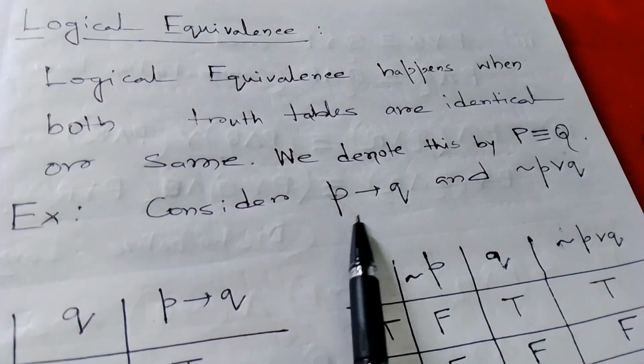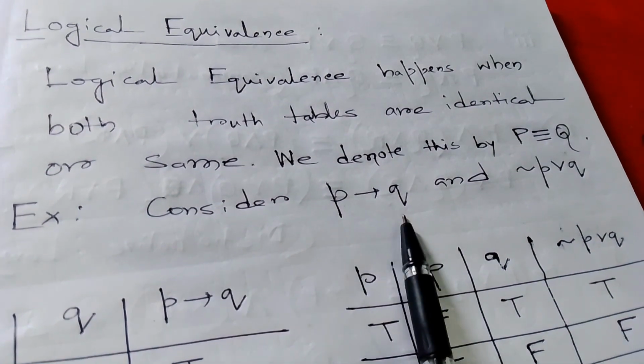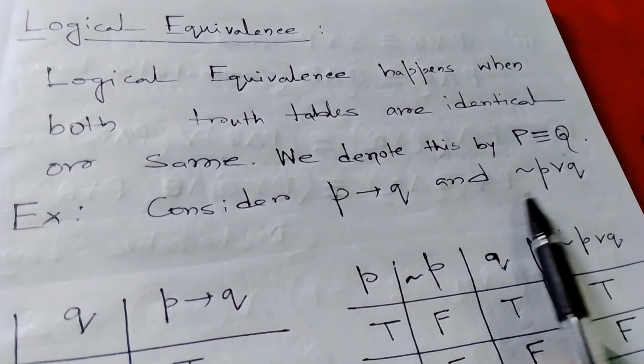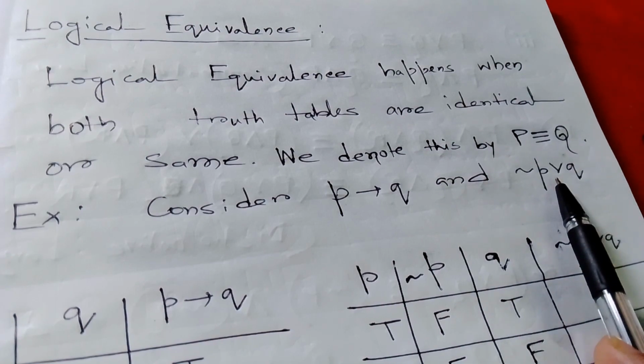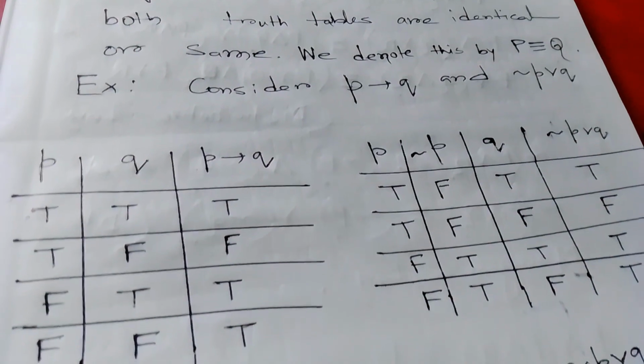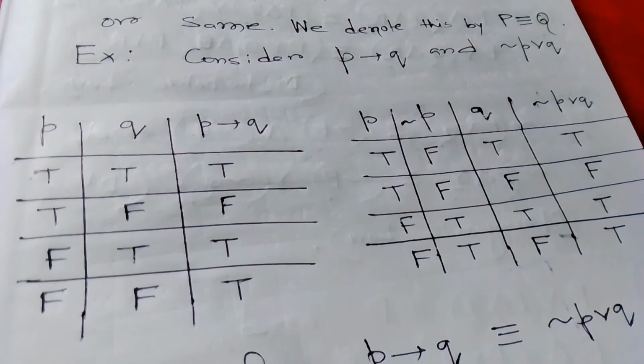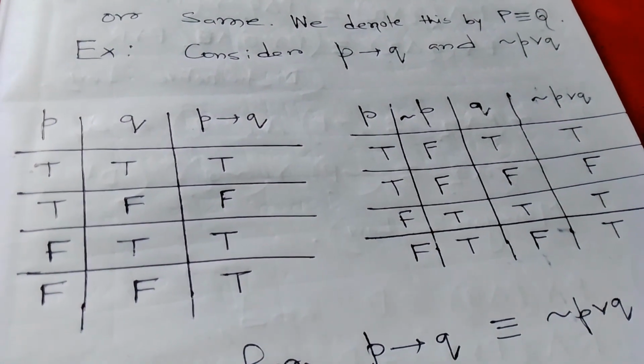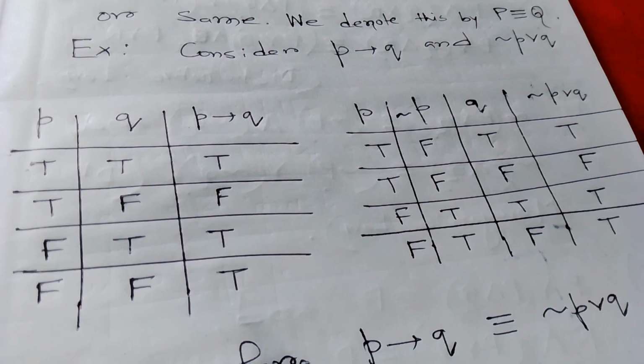Like consider P implication Q and negation of P disjunction Q. Here are the truth tables of those two propositions.